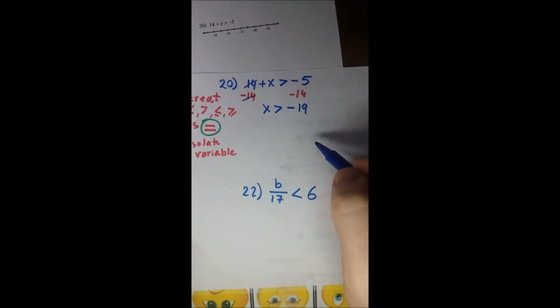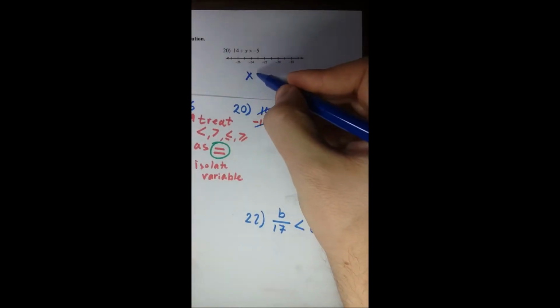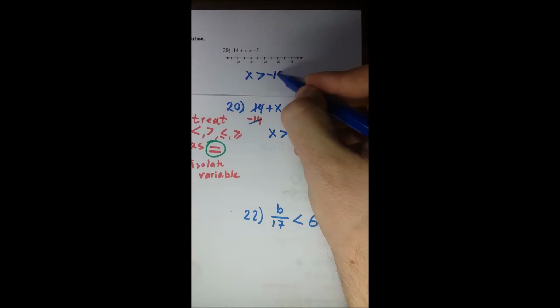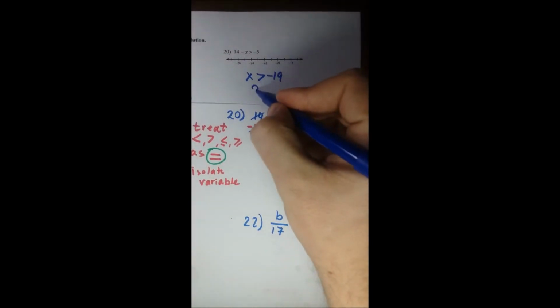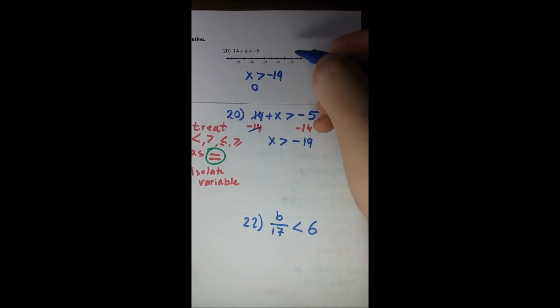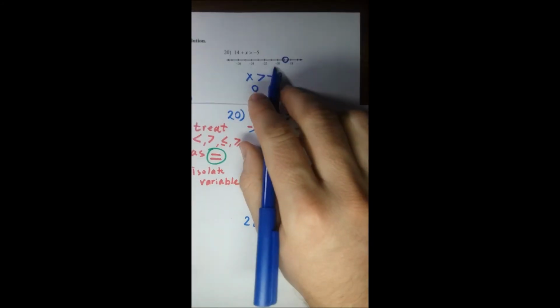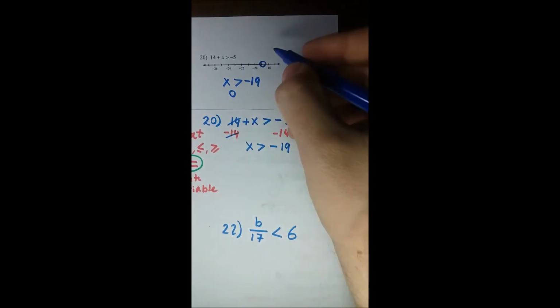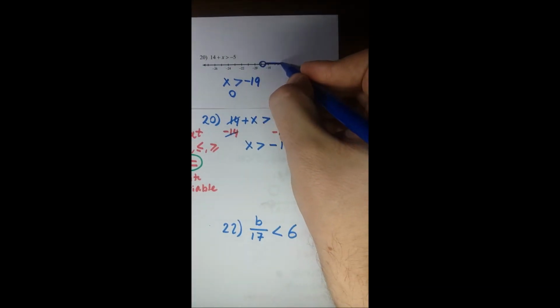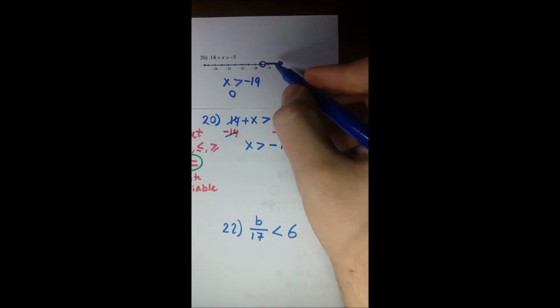Again, open circle. Where is negative 19? Negative 19 is right here, between negative 20 and negative 18.